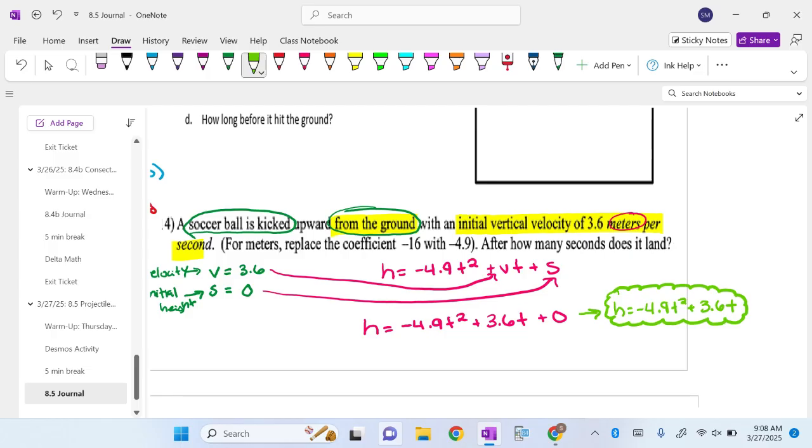So now my question is asking me, after how many seconds does it land? So take a second, put that into Desmos. And which key feature are we looking for? If we're asking for when it lands, we're looking for the x-intercept. So take a second, put it into Desmos, find that x-intercept.